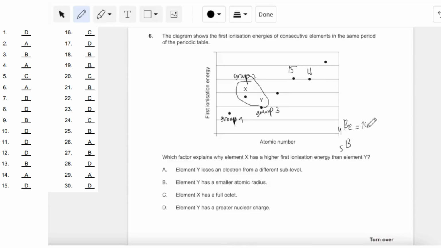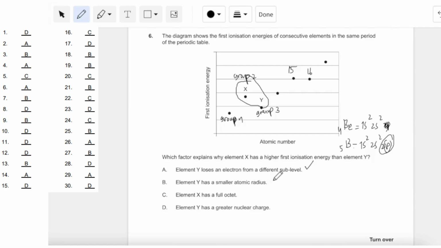So we see 1s2, 2s2 for Be, and for B 1s2, 2s2, and also 2p1. So this one is already in a different sub-level, and the electron in the outermost shell is further away from the nucleus, which makes it easier to ionize, correct?